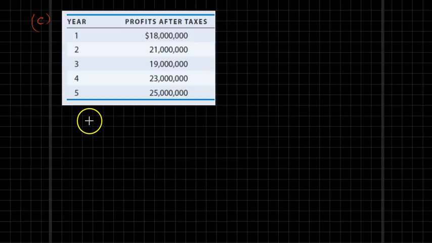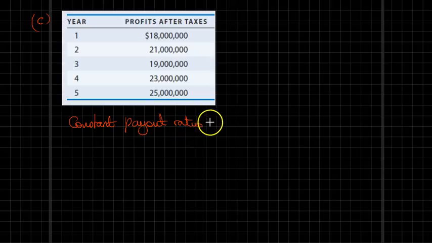So a constant payout ratio of 40%. For simplicity's sake, I will just go ahead and use this table here.